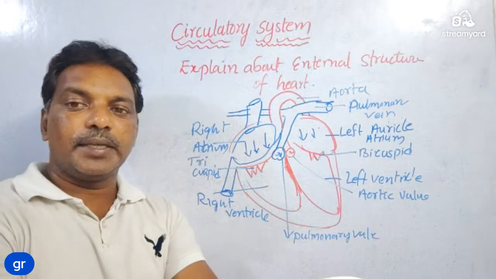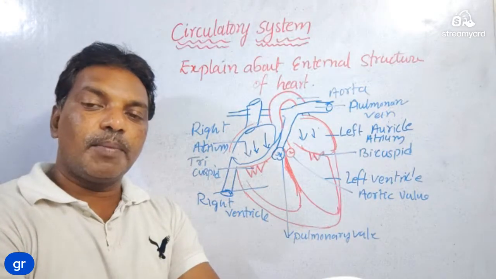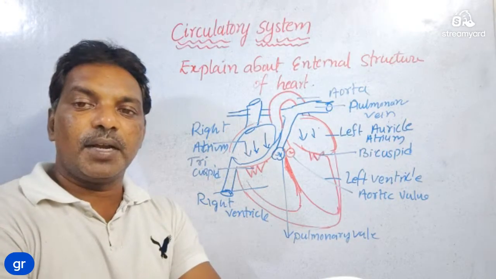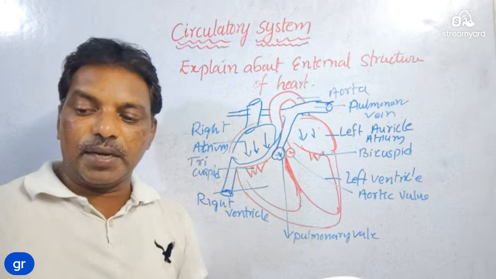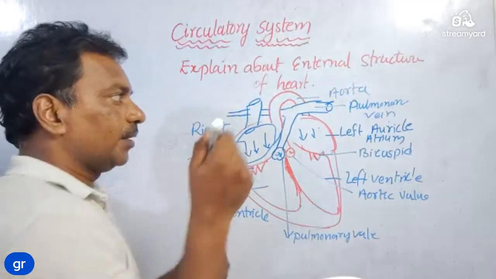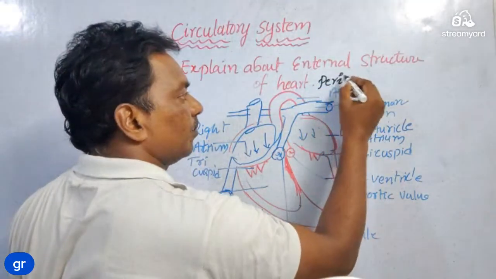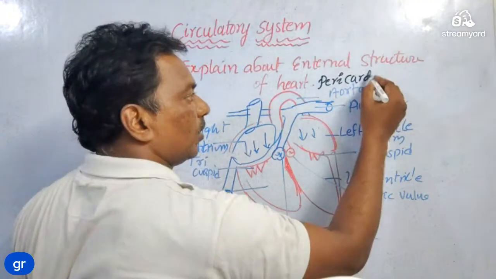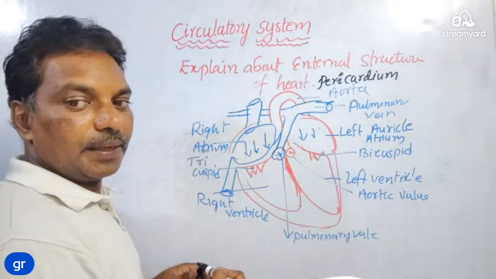Heart is made up of cardiac cells. Around the heart, a double membrane is there, which we call the pericardium. Remember it. Double membrane is called pericardium.